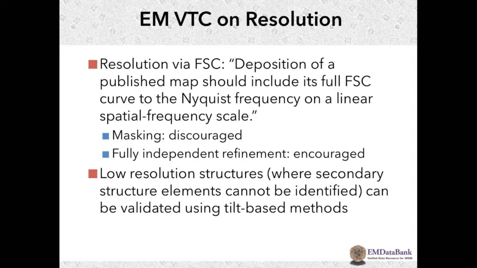But in those cases, there is the recommendation to use some sort of a tilt-based method if you can't see secondary structure, if your resolution is low and you can't do better. So there's various software that will do tilt pair.